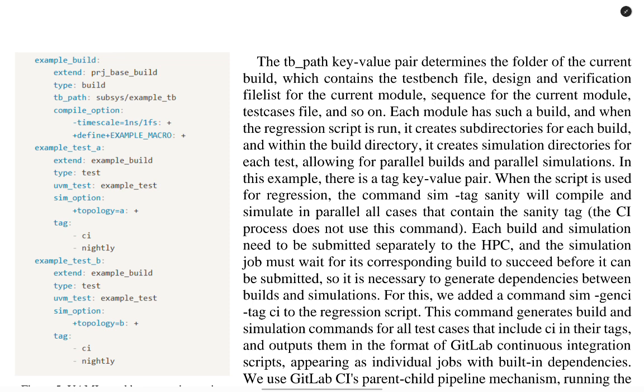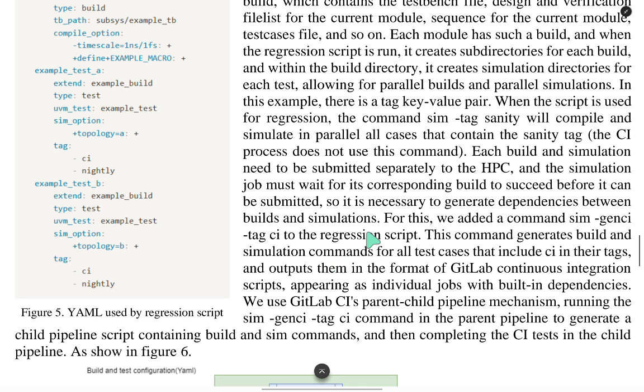Each build and simulation needs to be submitted separately to the HPC, and the simulation job must wait for the corresponding build to succeed before it can be submitted. So it is necessary to generate dependencies between the build and the simulation.